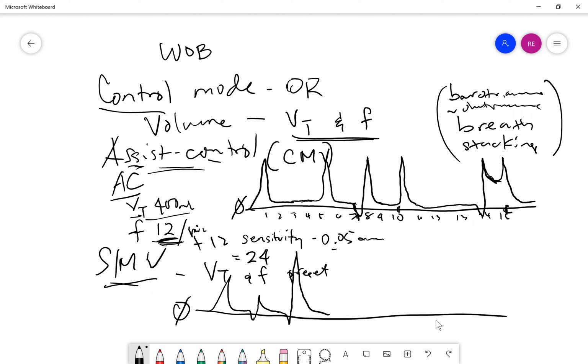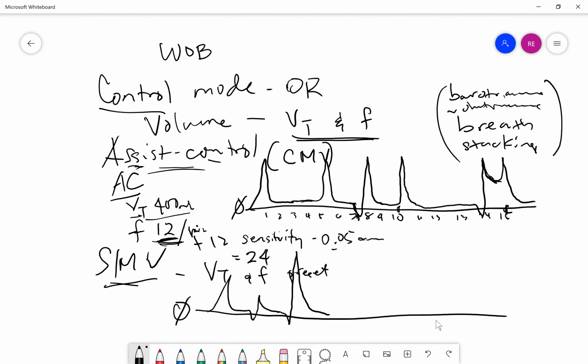So the patient here is more comfortable because they have control over their own tidal volume with every spontaneous breath. They will not get the preset tidal volume unlike in assist control. So if this patient truly is getting better, this is now a more comfortable mode.